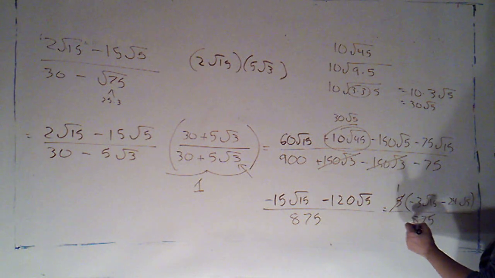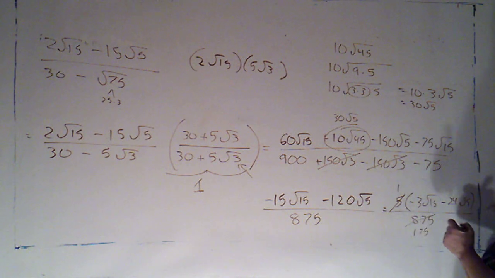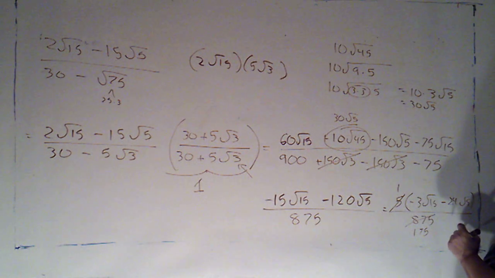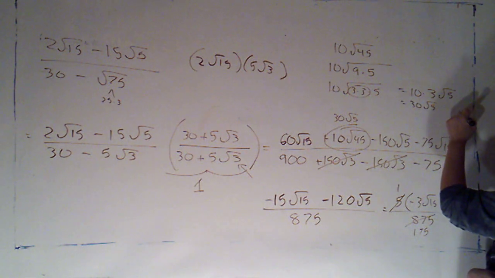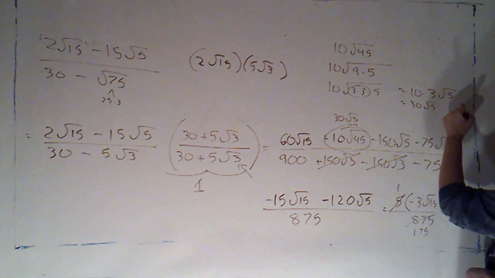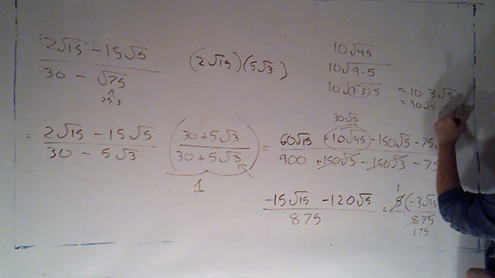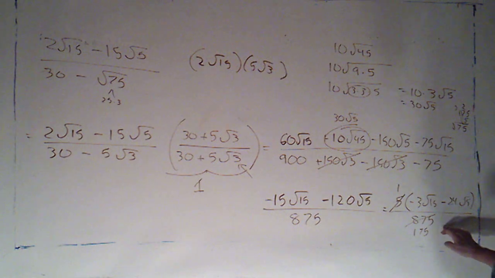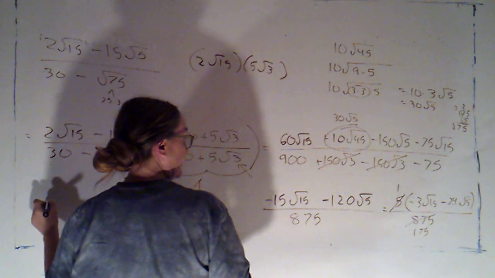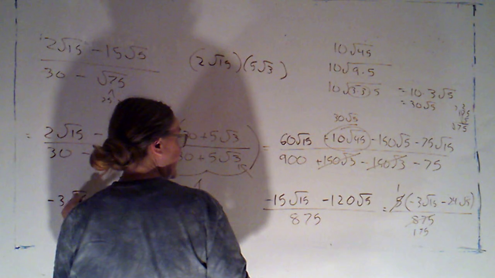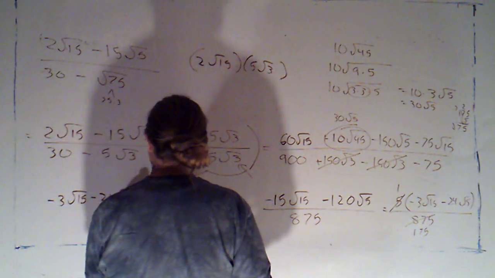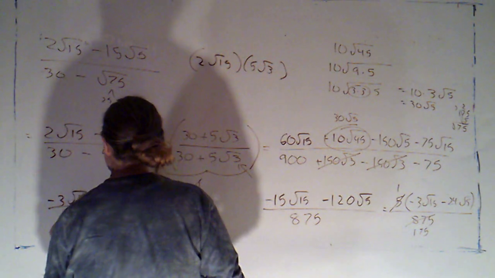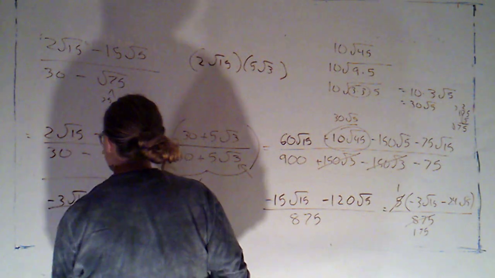Let's see, 175 times. I think. I'm going to double check that. Yep. Okay. So we end up with negative 3 root 15 minus 24 root 5 all over 175.